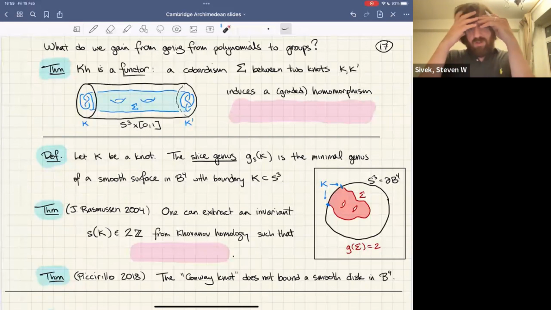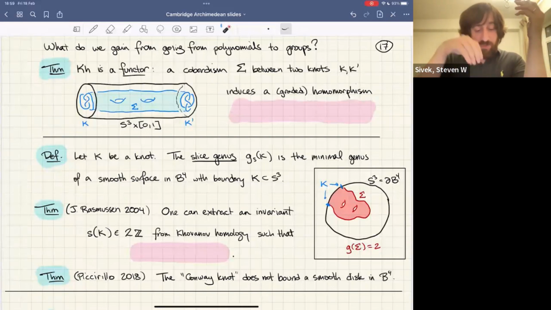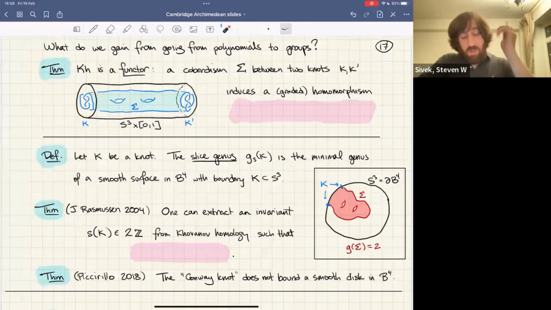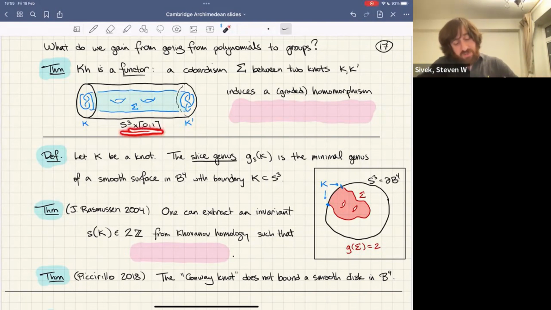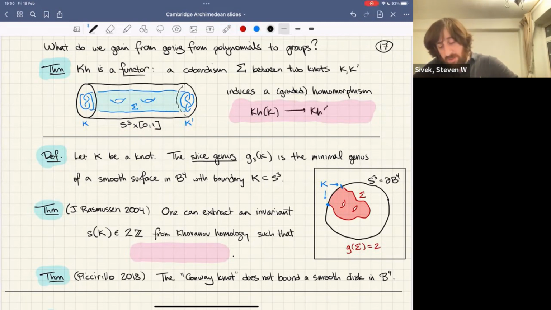Now, what do we gain in addition to just telling knots apart a little bit better? What do we gain by this passage from polynomials to groups? Well, there's extra structure. The Khovanov homology is a functor, which means in the setting that if you have a cobordism, so a surface in, say, S3 times an interval, and you put a knot at one end, S3 times 0, and a knot at the other end, S3 times 1, then the surface whose boundary is these two knots gives us a homomorphism that's nicely behaved from the Khovanov homology of K to the Khovanov homology of K prime.